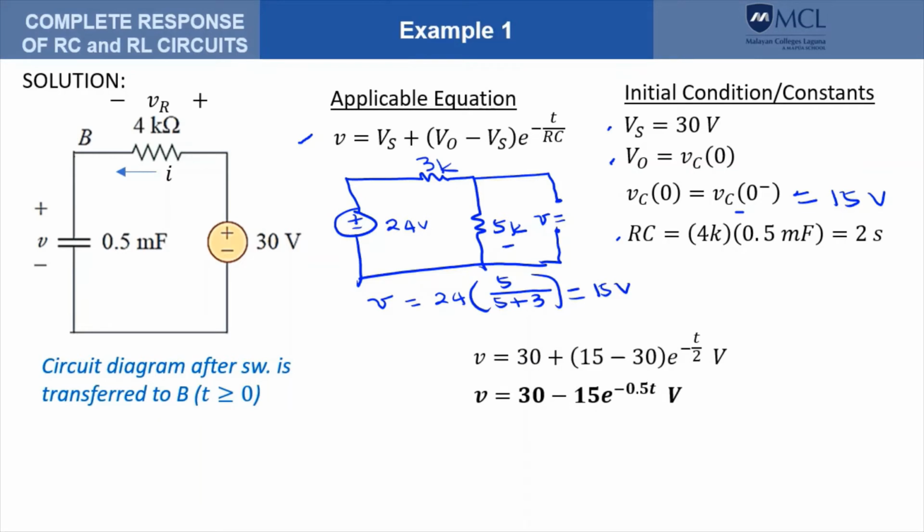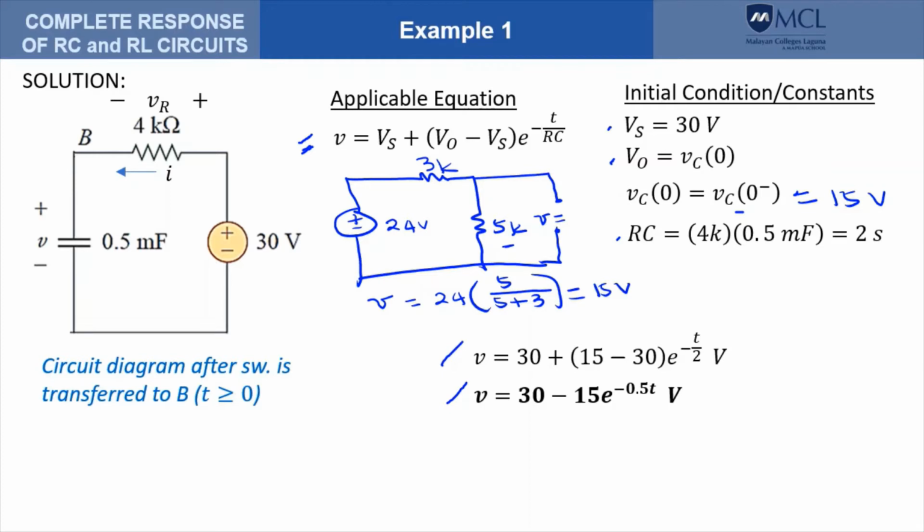Now that we have the initial voltage of the capacitor, we can proceed in using this. So plugging the values here, we will get this, and finally the equation for the voltage across the capacitor.